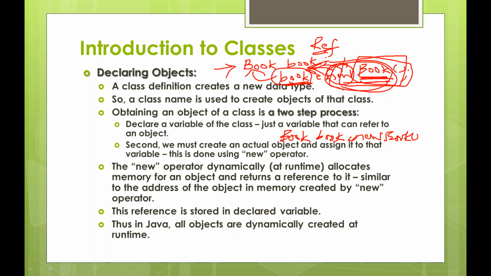Using the new operator, we just get the reference, which doesn't represent the actual address that we can see in C and C++. We use it to store in a declared variable of the same type.